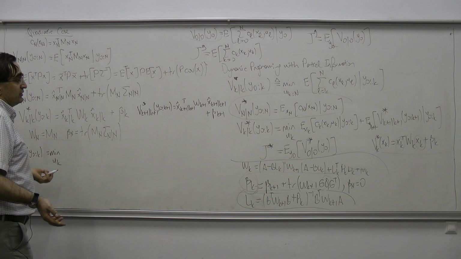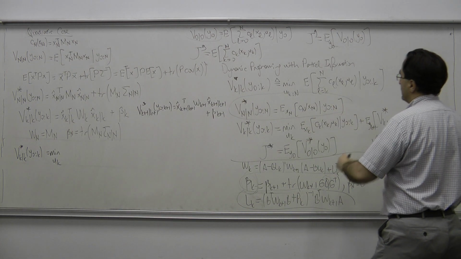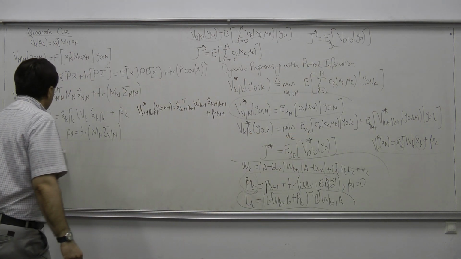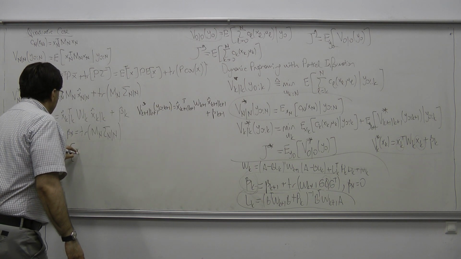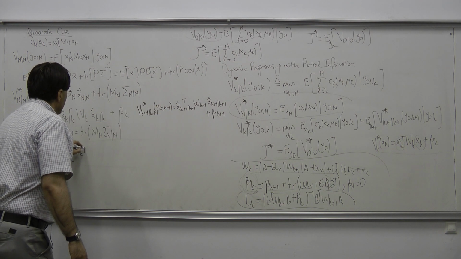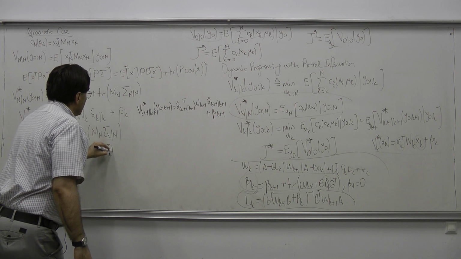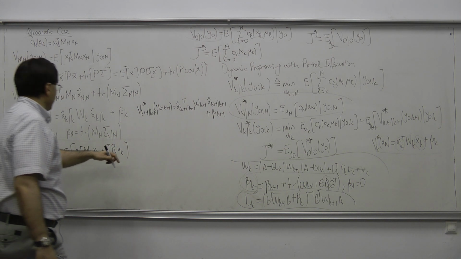There is minimization, so it's not going to be easy here. Expected value with respect to xk of this ck. What was the quadratic incremental cost? I had xk transpose Mk xk plus uk transpose Pk uk. Here instead of Rk I have Pk.